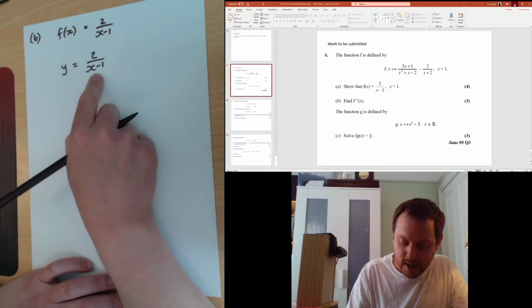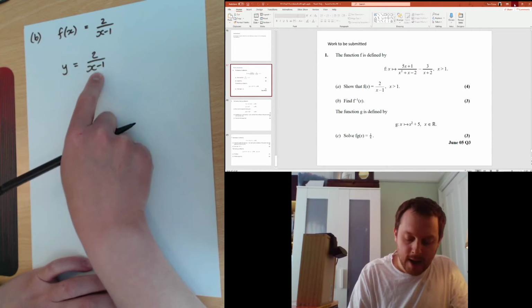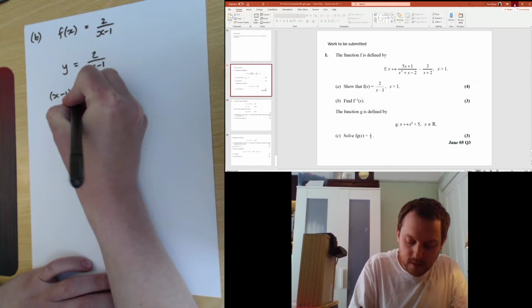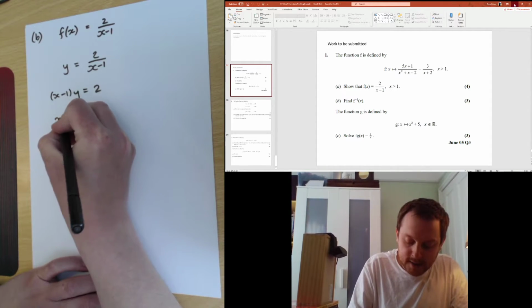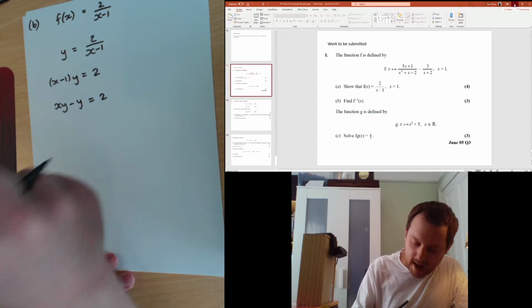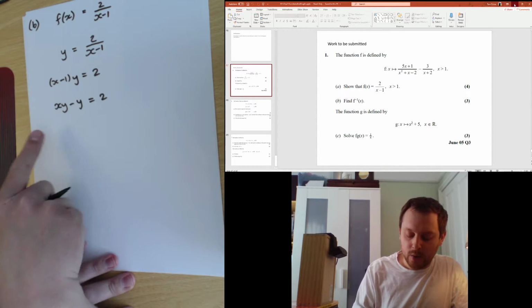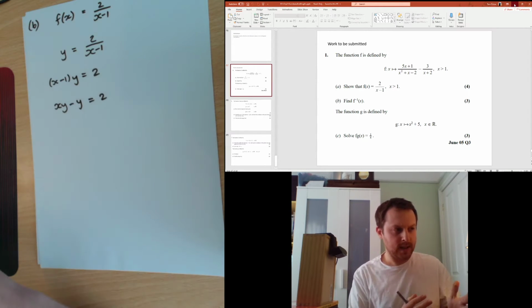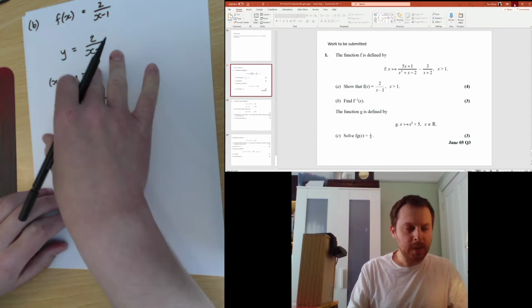So in this situation, you'll want to multiply it by the x minus 1, expand, and then we want x to be the subject, so all the terms that involve an x need to be on one side all together. This could be more complicated.